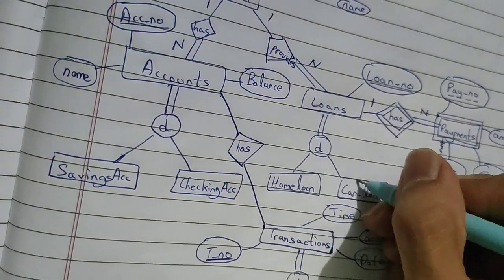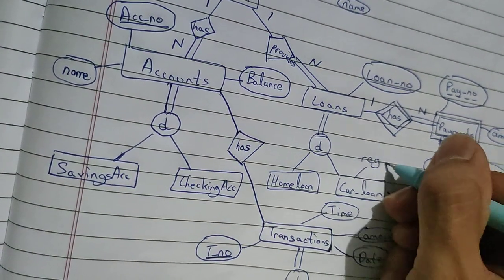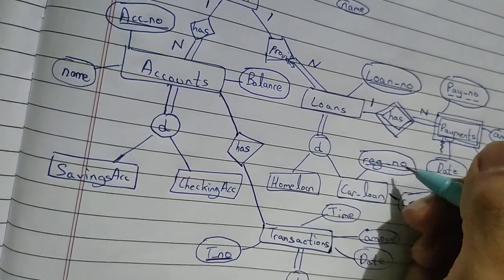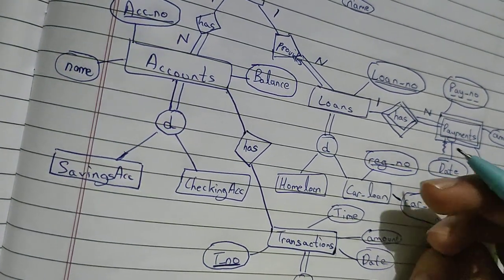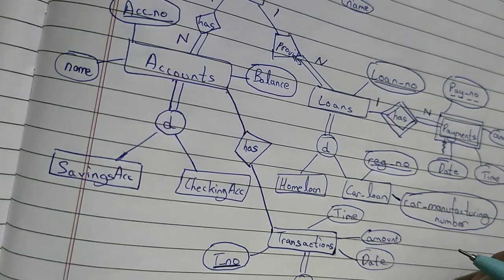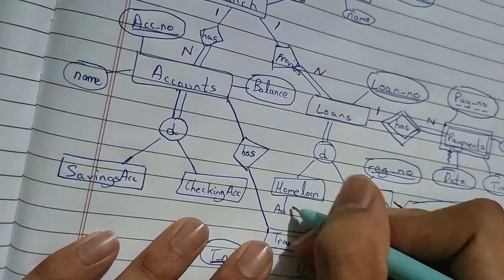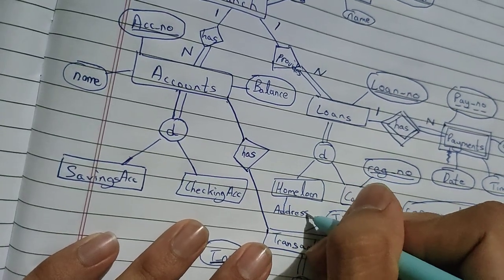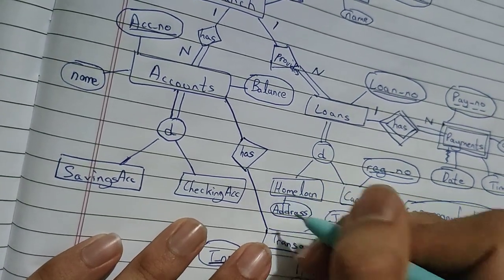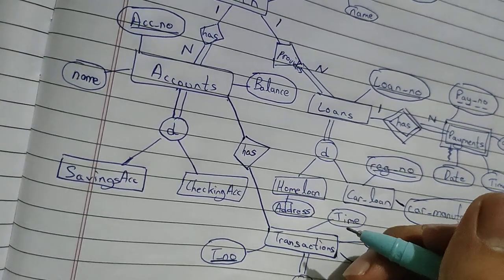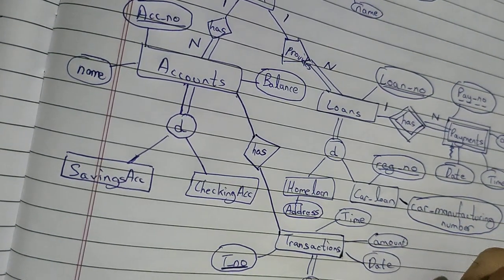And we can also have the car's registration number, reg number. And we can use this also as a primary key if you want over here. And for home loan, we can just have the address because the home won't move, no? So we got this also, and yeah.